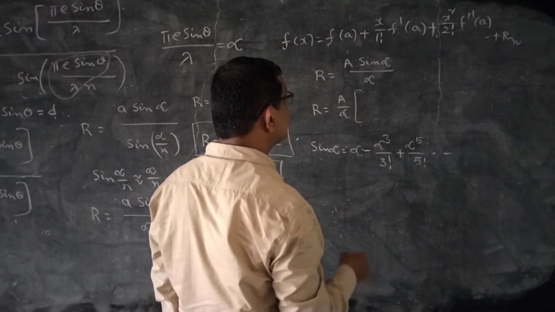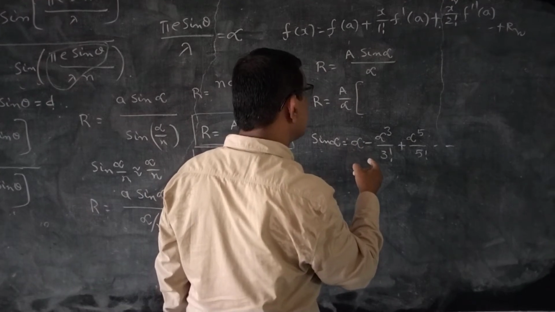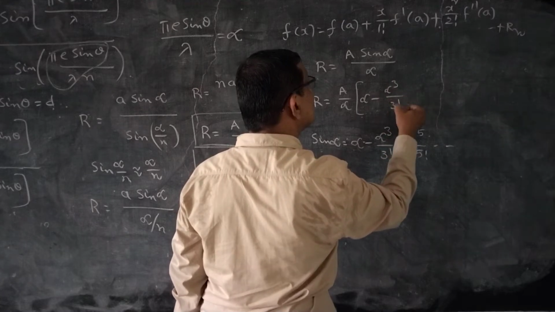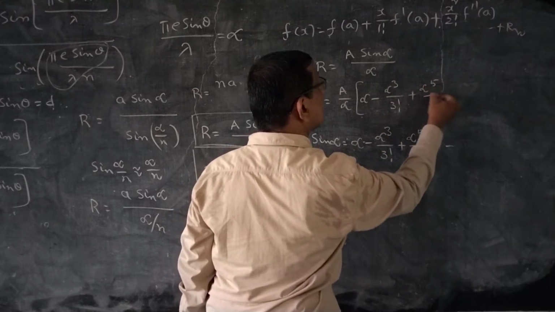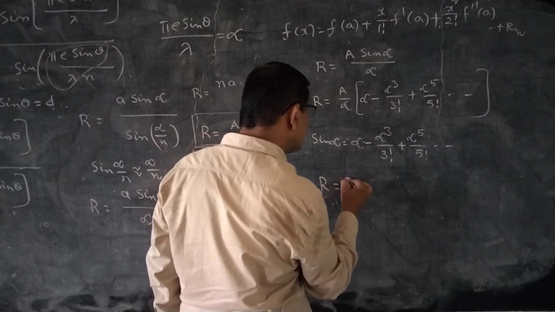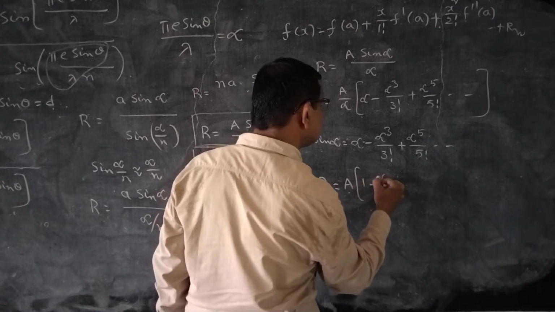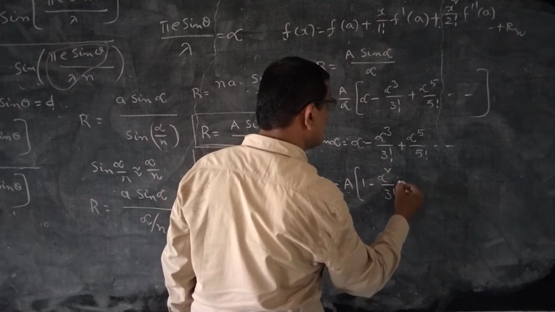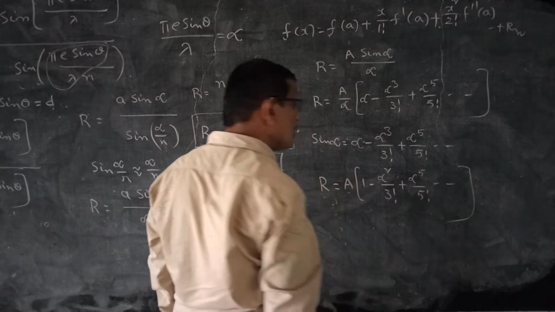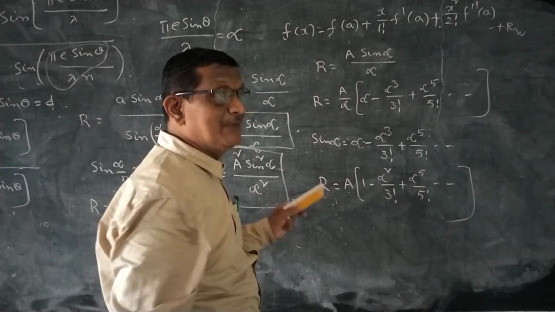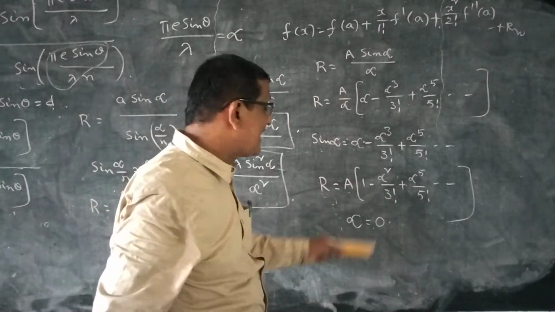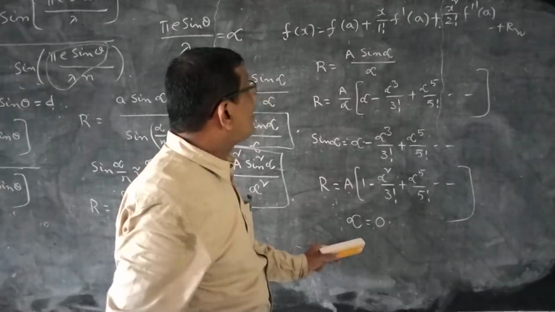By substituting all these values into A/α sin α, we get A/α (α − α³/3! + α⁵/5! ...). Now R = A (1 − α²/3! + α⁴/5! ...). Now the amplitude becomes maximum, R = A, when α = 0. What is α?